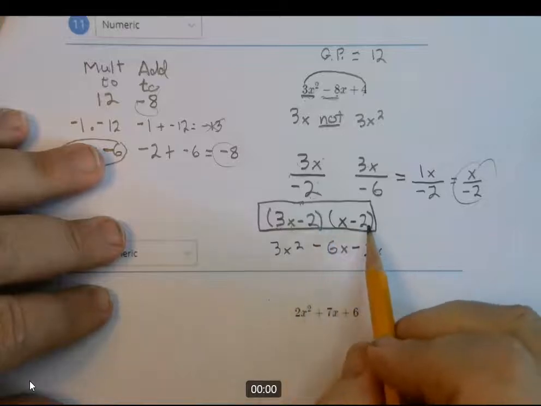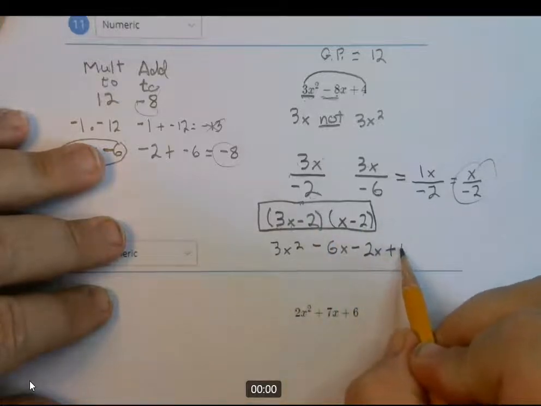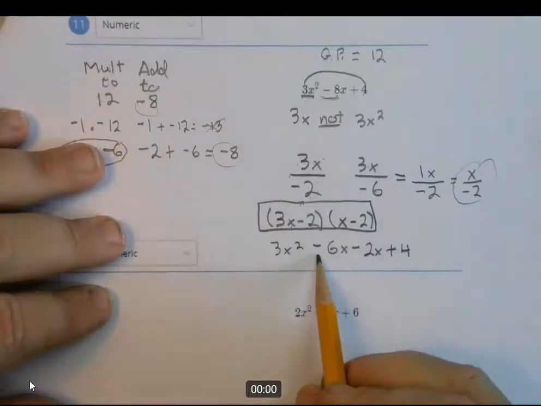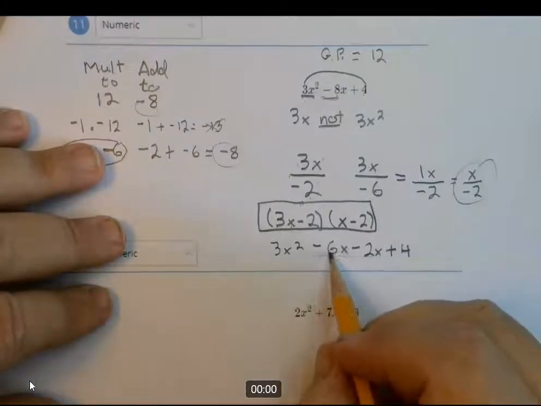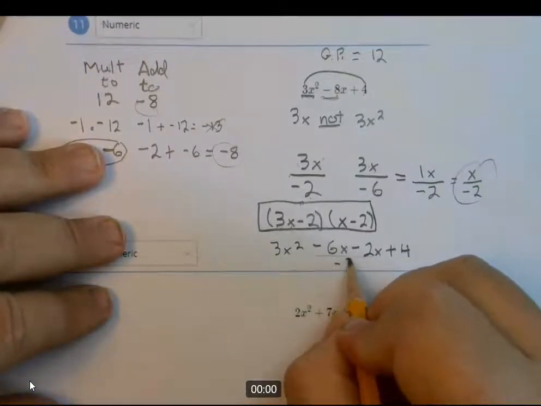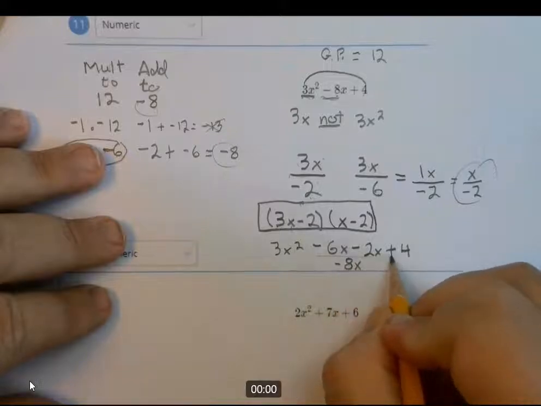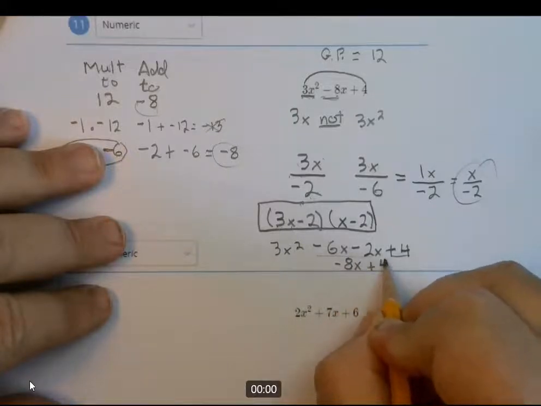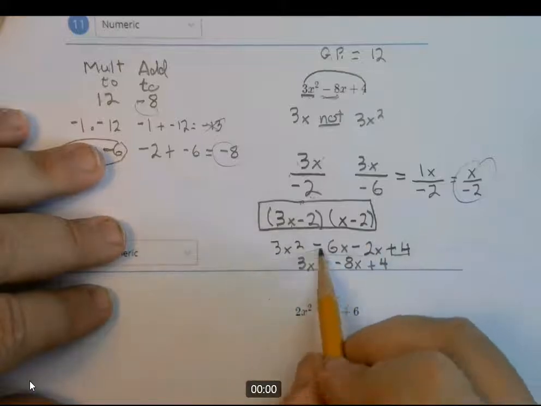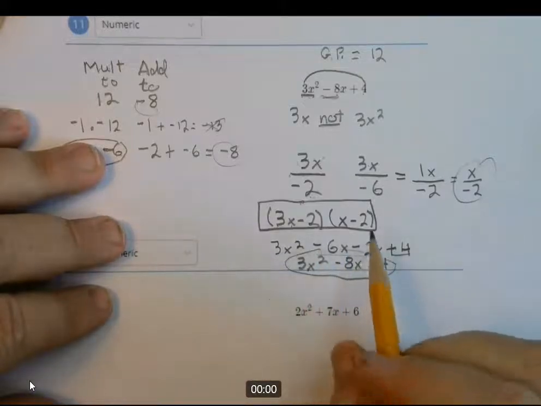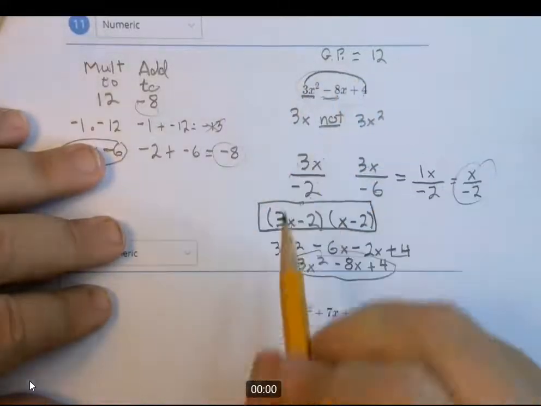And now the last, negative 2 times negative 2 is positive 4. And the two middle terms always combine. So negative 6 plus negative 2, or negative 6 minus 2, is negative 8x. And then I still have the 4 down here, and I still have the 3x squared here. And you can see that that is exactly what we started with up here.